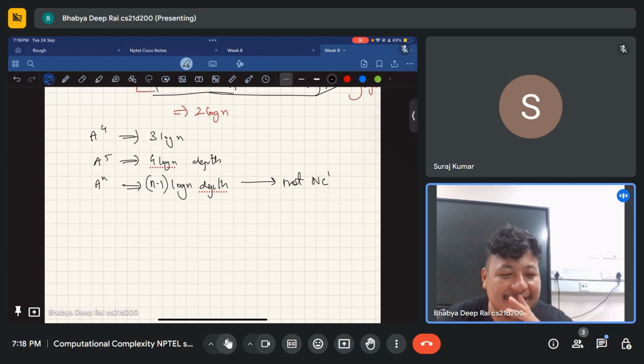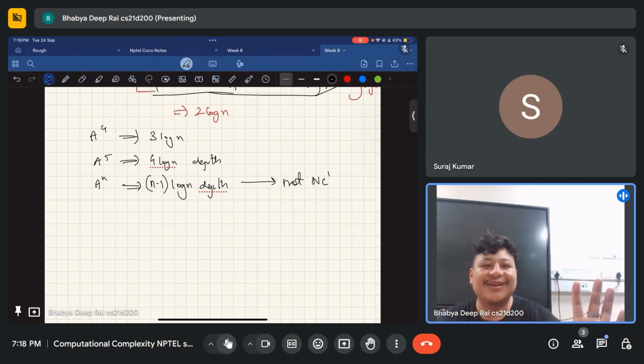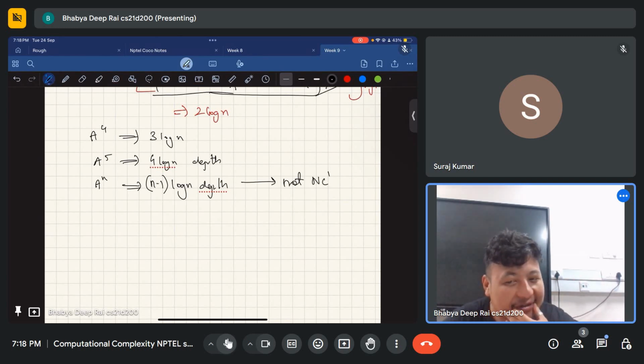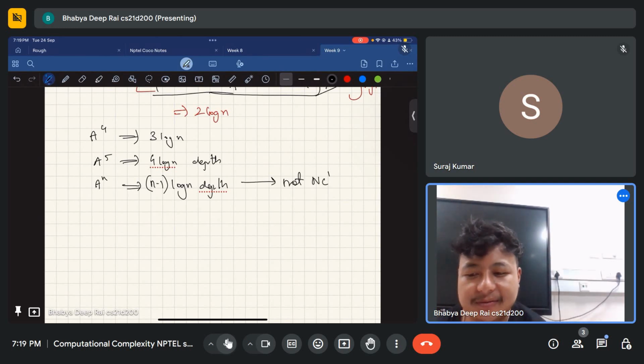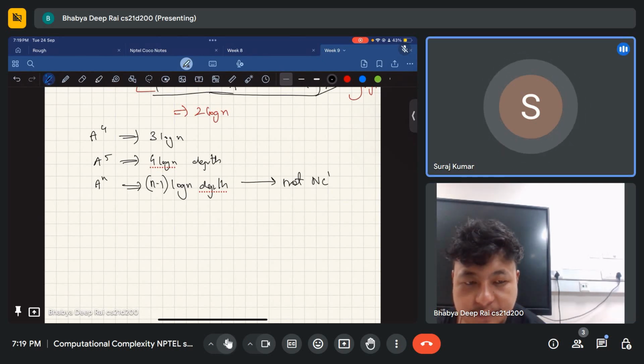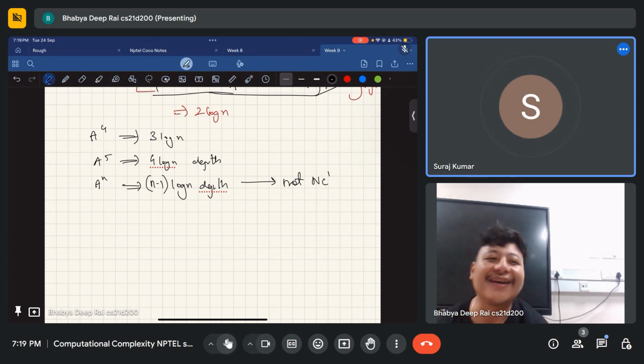It is a standard trick in design and analysis of algorithms. Okay, anything to do with powering. How can you compute powers more efficiently? Maybe to compute a to the power 4, we can do a square into a square. Right.